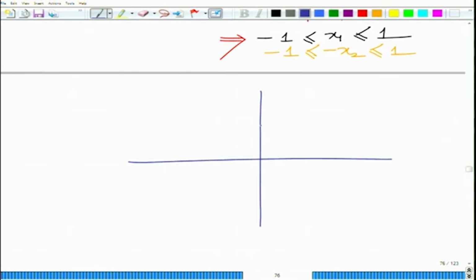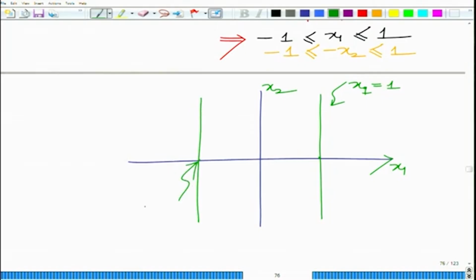One is given by x1 less than or equal to 1, that is, this is the first coordinate x1, x2. Let us say this corresponds to the hyperplane x1 equal to 1, and on the opposite side, this corresponds to the hyperplane x1 equals minus 1. The strip in between denotes the region minus 1 less than or equal to x1 less than or equal to 1.